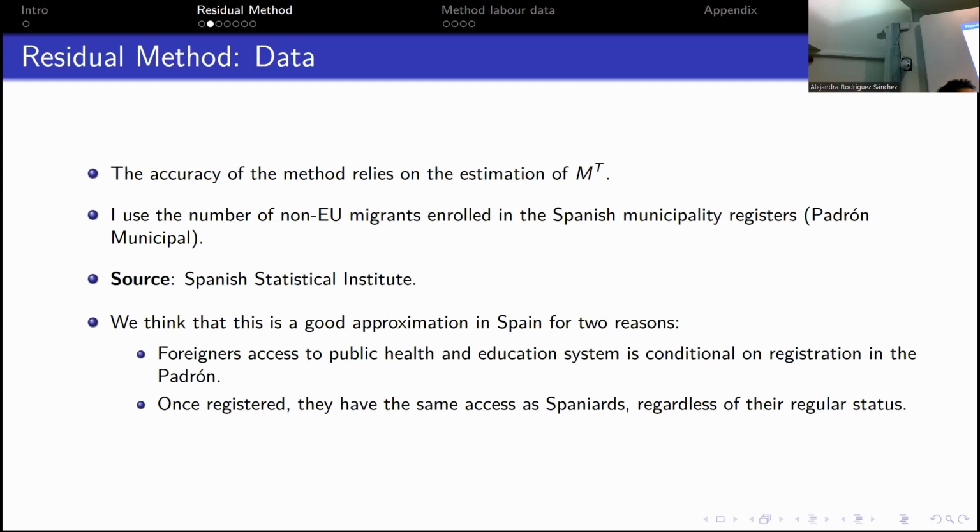Of course, the accuracy of this estimate depends on whether migrants register in the municipality.